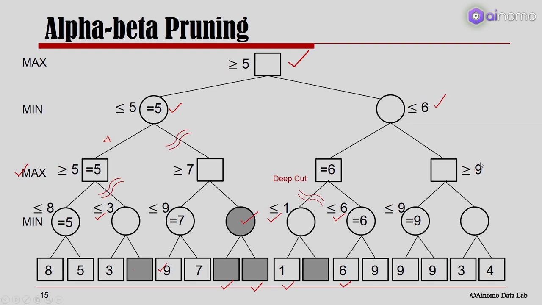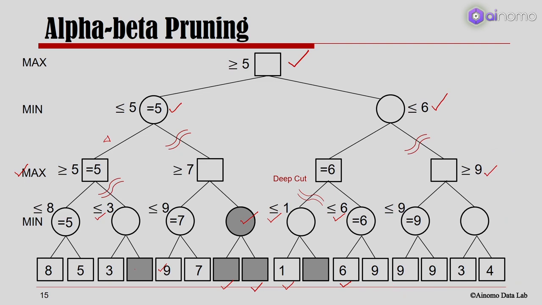So when I have a max node here which is greater than or equal to 9, and I have a min node which is saying it is less than or equal to 6, then min will rather go here and never come on this path. So for min, as if this portion of the subtree doesn't exist, and we can cut it out. So we can have a cutoff here.